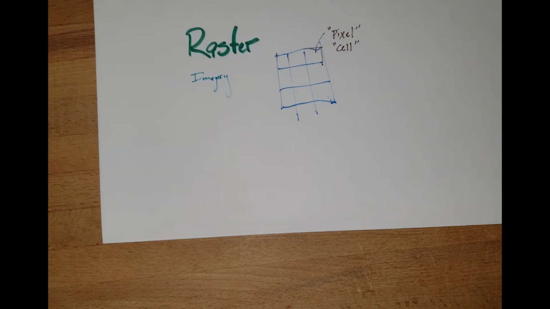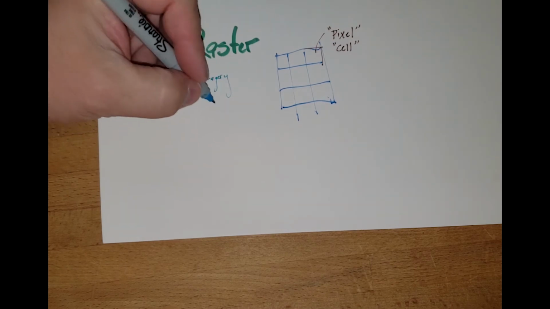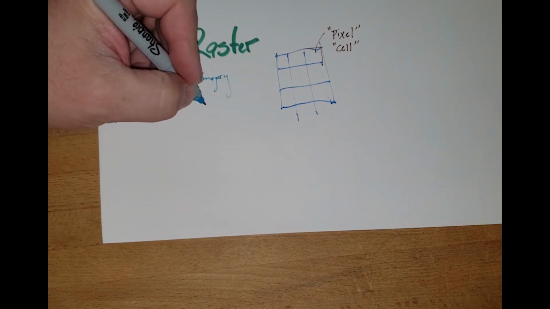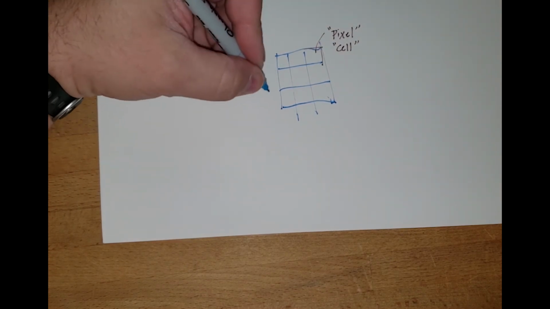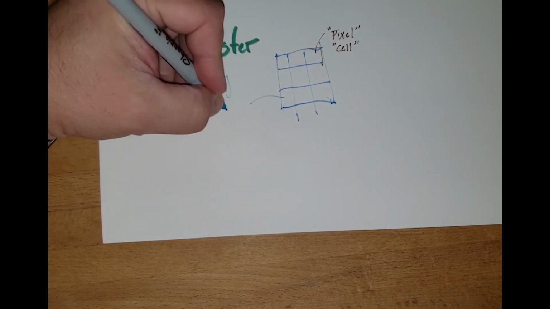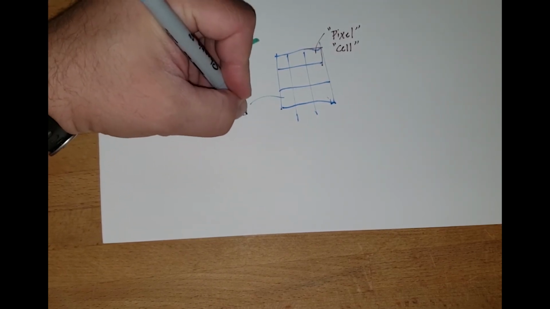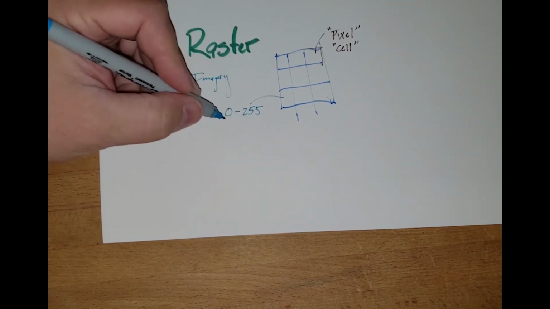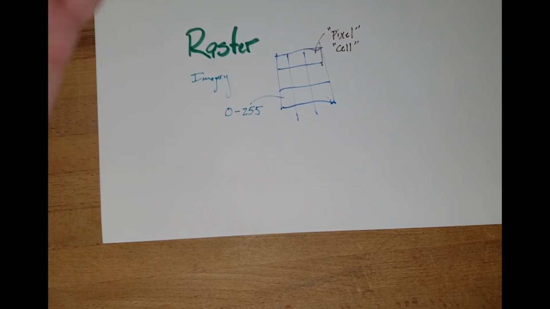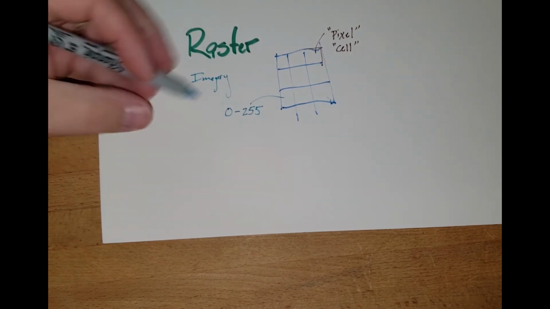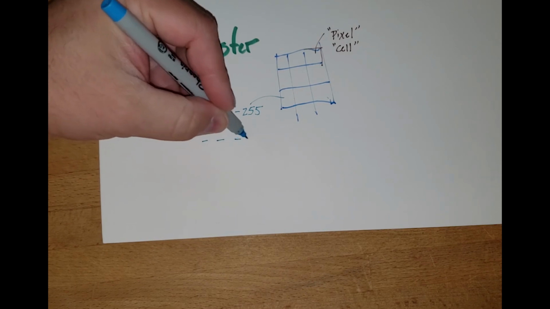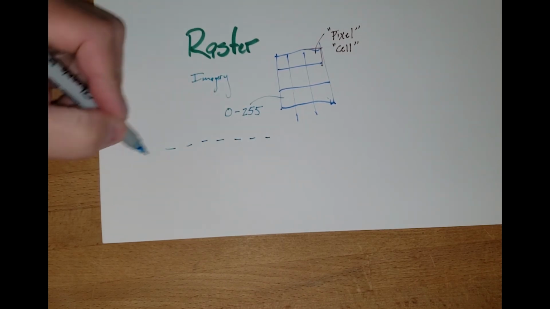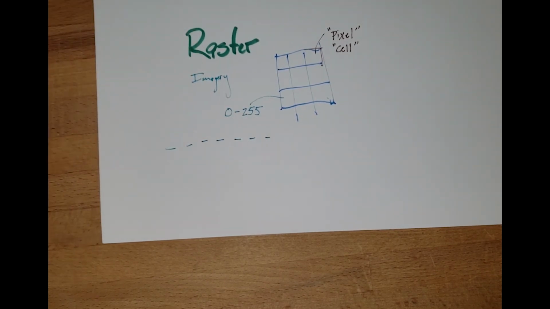And if we think about the way that data is stored in a computer, we're going to want that to be 1 byte of information. Each pixel will have a value between 0 all the way up to 255. The reason for these funky numbers is that 8 bits makes a byte, and 8 individual zeros or ones would come up with a range between 0 and 255.